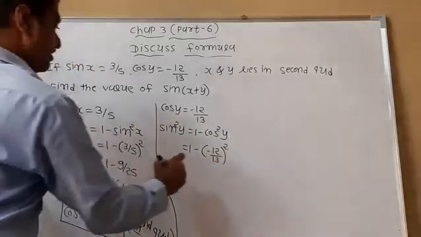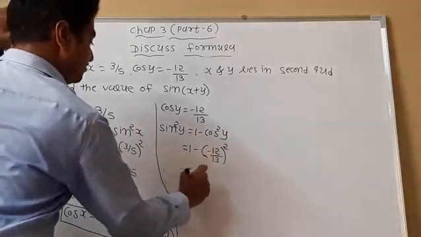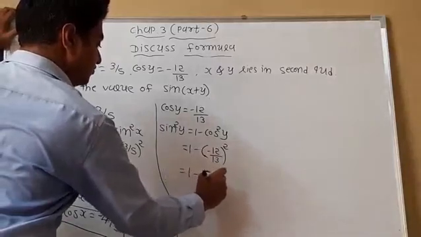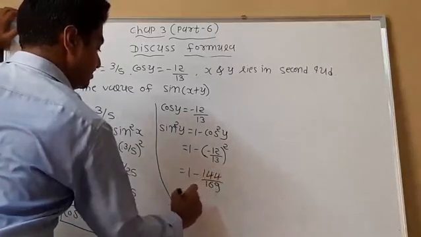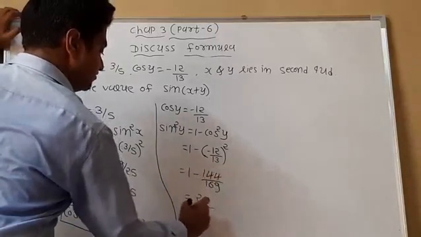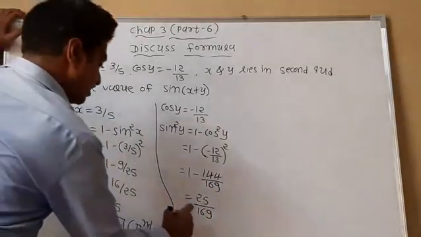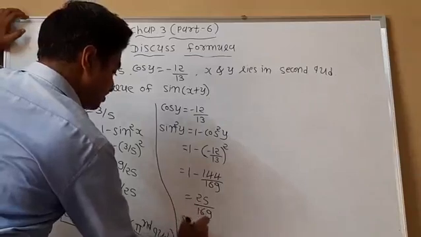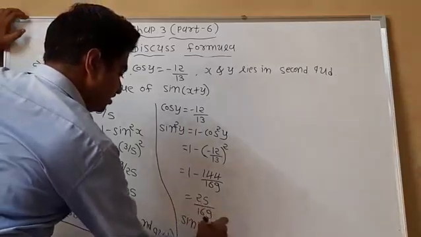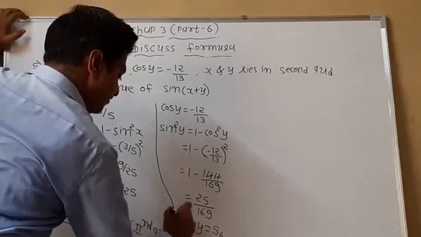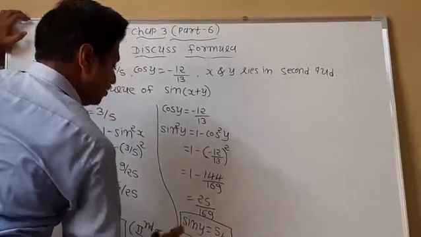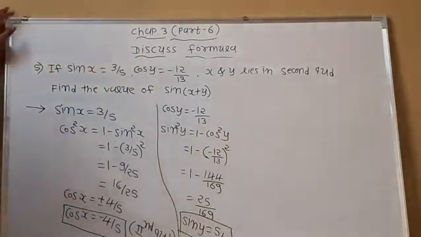Now simplify this term: 1 minus 144 upon 169. Take LCM, so 25 upon 169. So sin y is positive in the second quadrant. That's why sin y is equal to 5 upon 13.